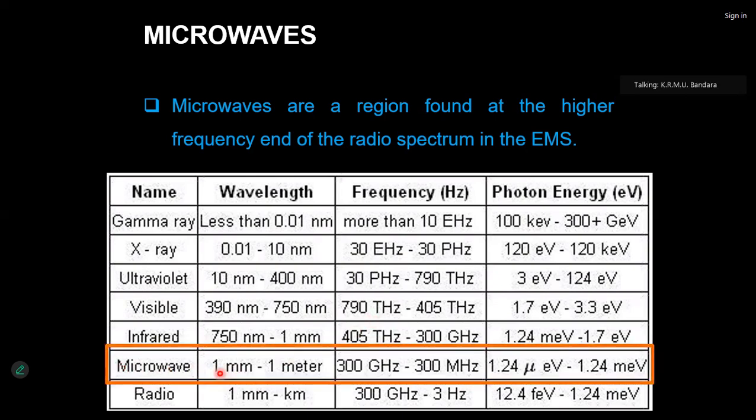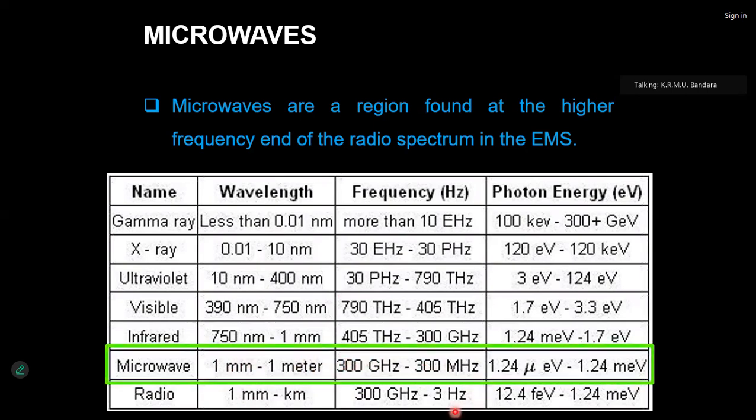However, the microwave region is normally called from 1 millimeter to 1 meter. This is part of the radio wave. Radio wave is 1 millimeter to kilometers. This 1 millimeter to 1 meter part is the high frequency part.